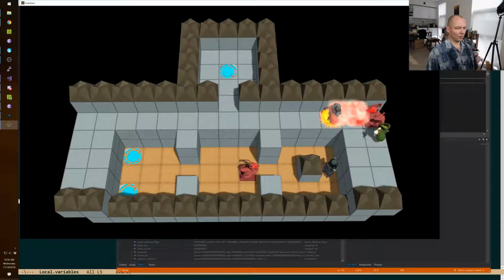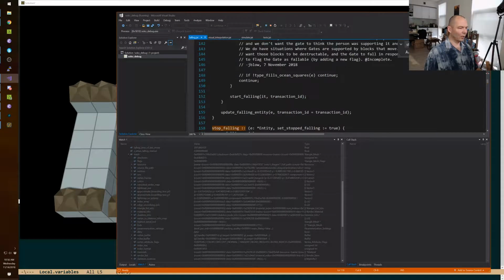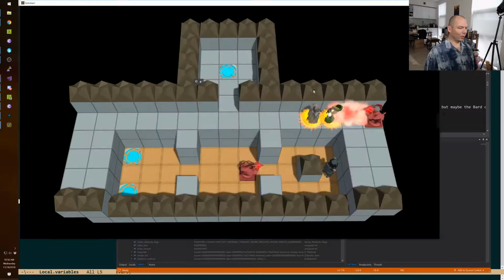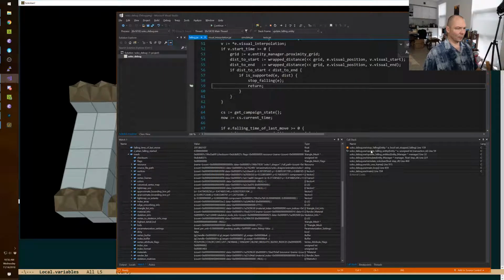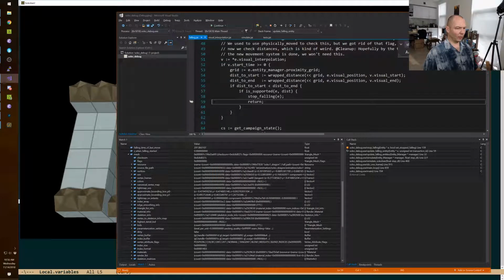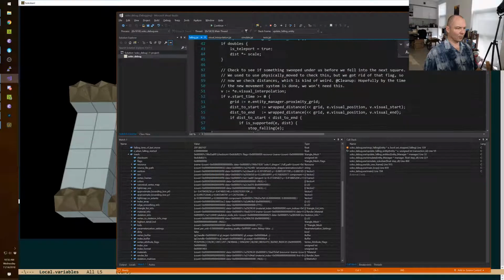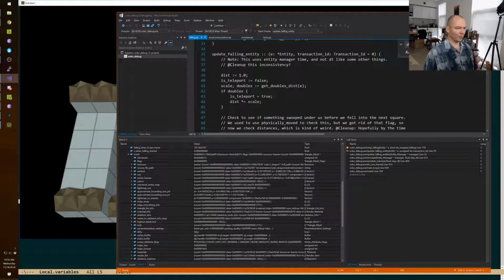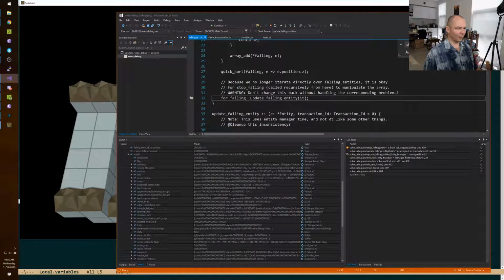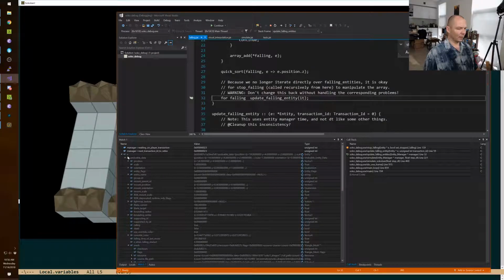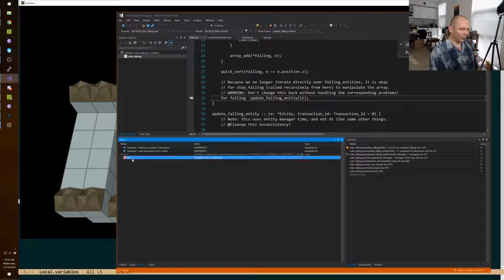Okay, well, why are we stopping falling if we didn't start falling? It's this test. Why are we updating this falling entity? And why did we add it into the falling list without calling start fall?